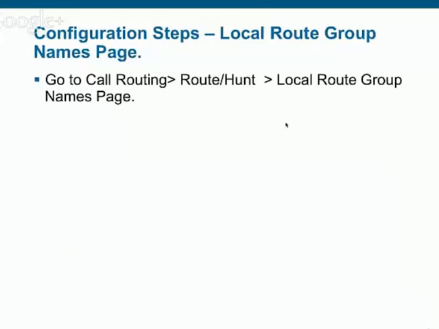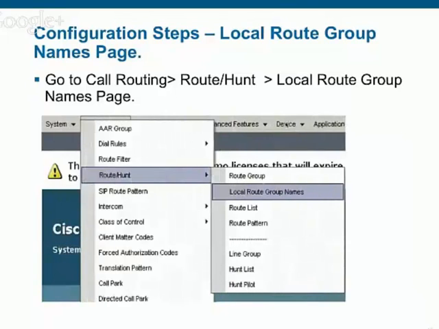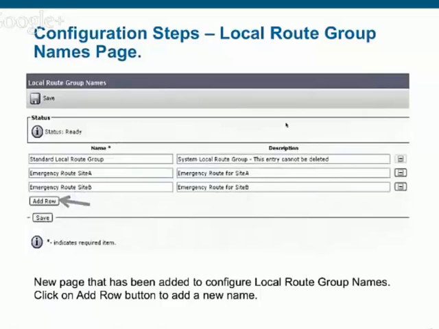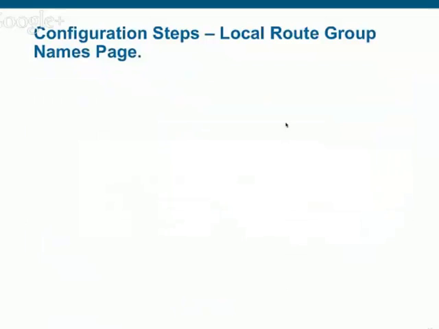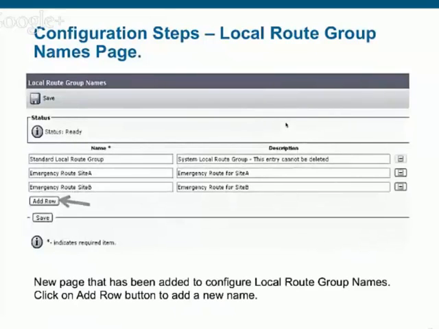So here I have mentioned, if you go here, you can see that it's under Call Routing, Route Hunt, Local Route Group Name page. This is exactly where you add it. You can add rows.